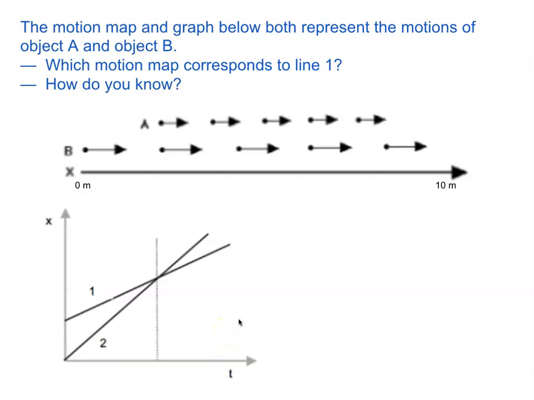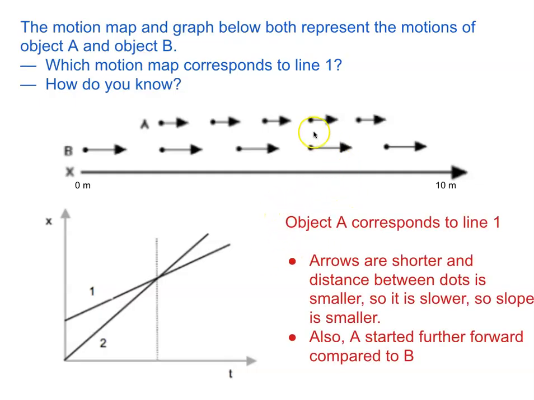The motion map and graph below both represent the motions of objects A and B. Which motion map corresponds to line number 1? And how do you know? Object A corresponds to line 1.